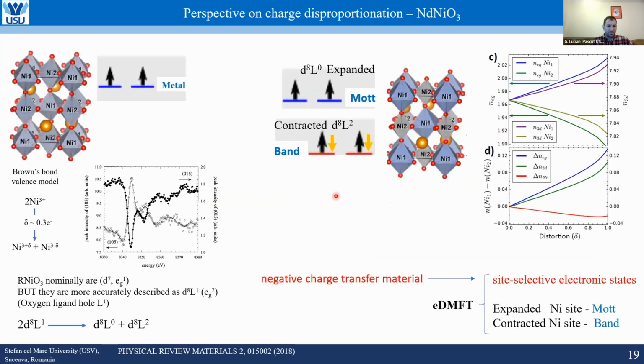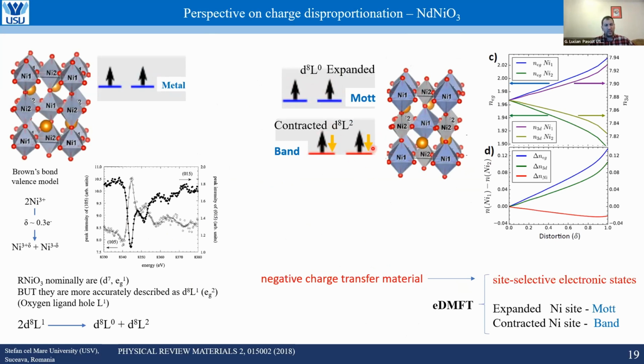In other words, the way I'm seeing this is that at high temperature, I have basically expanded octahedra and a metallic system, but once I go to low temperature, the site which is expanded has 2 electrons in the EG orbital, and I'm calling this Mott-like, because there are also correlations. If I look at the contracted one, I still have 2 electrons from the nickel, but I also have 2 from the oxygen.